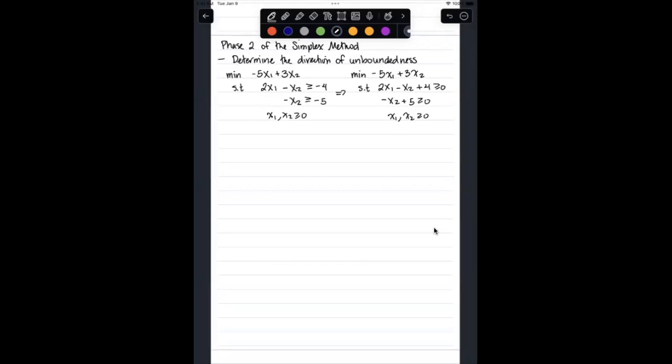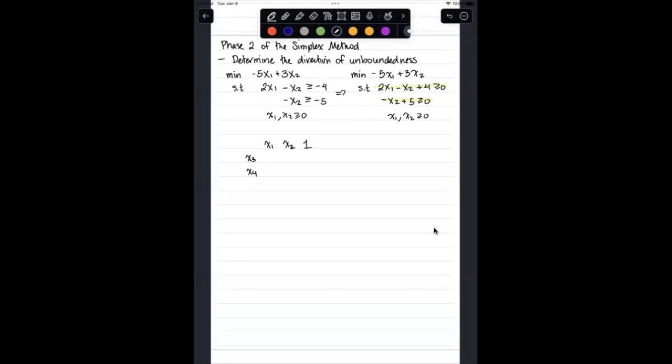So in a tableau, we're going to have the non-basic variables, x1, x2, and our constants, along with two different constraints. So we'll create some variables for those constraints. We can call them x3 and x4.